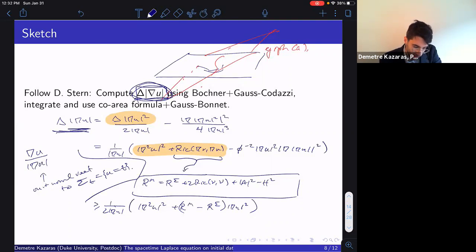Okay, yeah, so for instance, in this toy picture I drew up here, you have this going on here, and then you have gradient u divided by norm gradient u. Okay, so you can interpret that as the unit normal to a level set, to a surface in your 3-manifold.